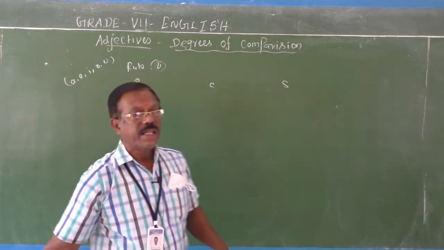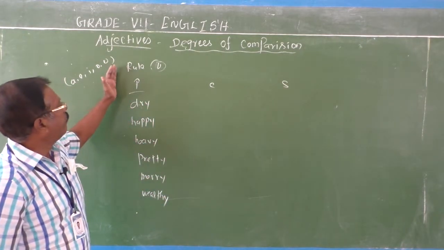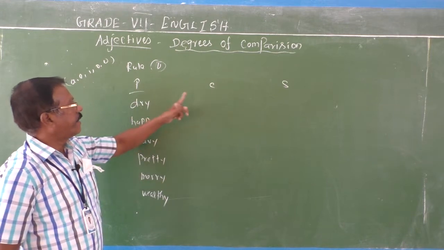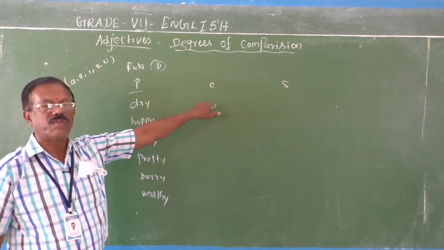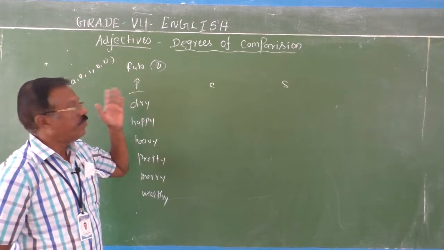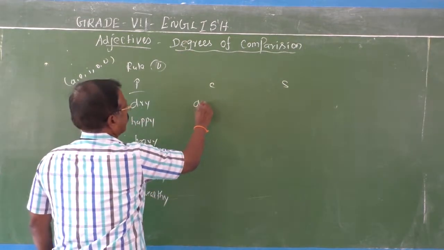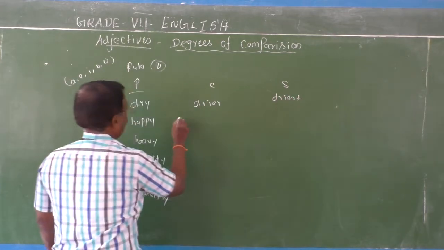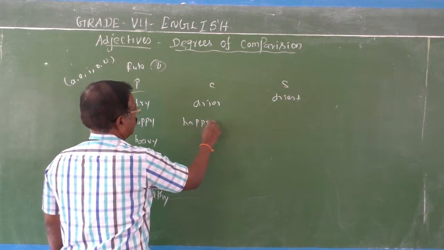Let me explain. See, when the base form of an adjective ends in Y, then in the comparative form it should be changed into I, then we have to add ER. In the superlative we have to add EST. Dry, drier, driest. Happy, happier, happiest.